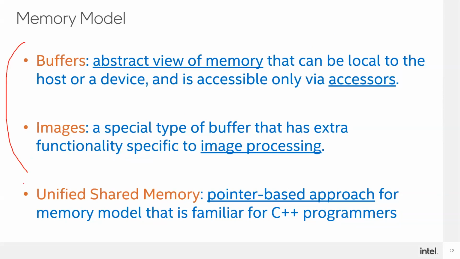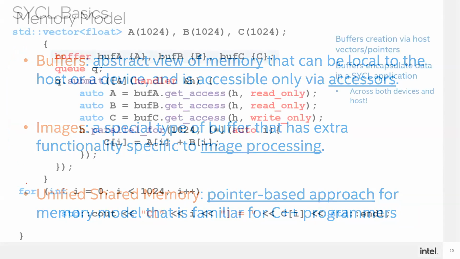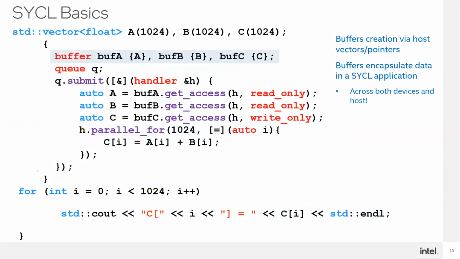And the second one is called unified shared memory, an approach which is more pointer based and very close to the CUDA programming style, where you allocate the memory yourself and you have more control over allocations and memory transfers, doing it in a more explicit way, I would say.